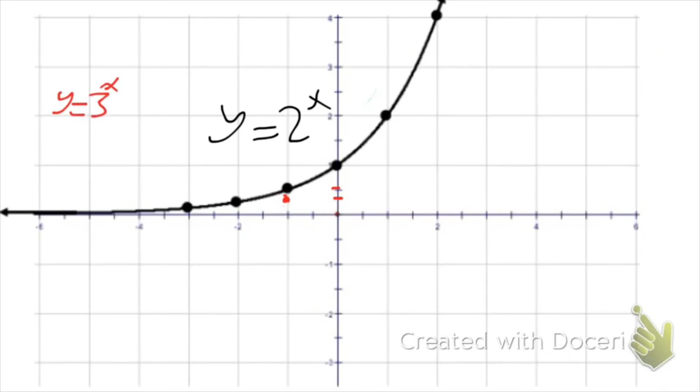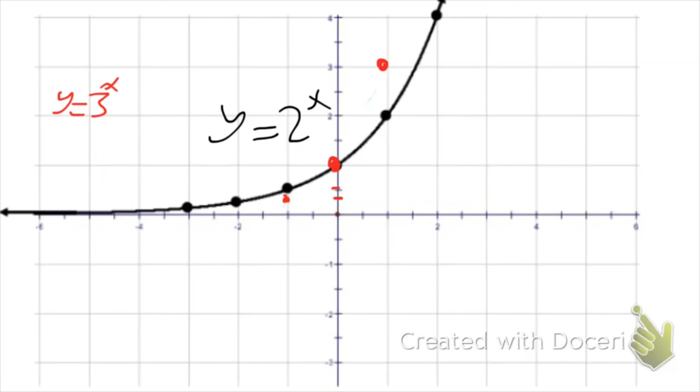Now next we do is at 0. So 3 to the power of 0 is 1, and 3 to the power of 1 is 3. It's 3. 3 to the power of 2 is 6. 6 is not written on this, so I'm just going to say 6 is not written.